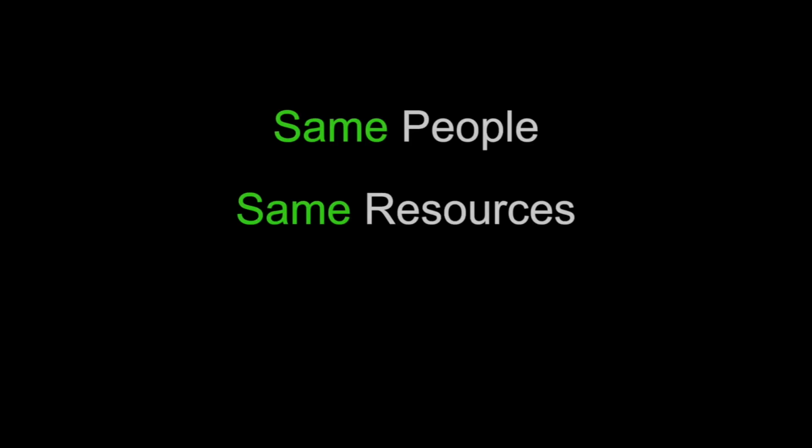So one way of looking at liberating structures is to think of it this way: you have the same people who are participating, and the same resources in terms of a space.